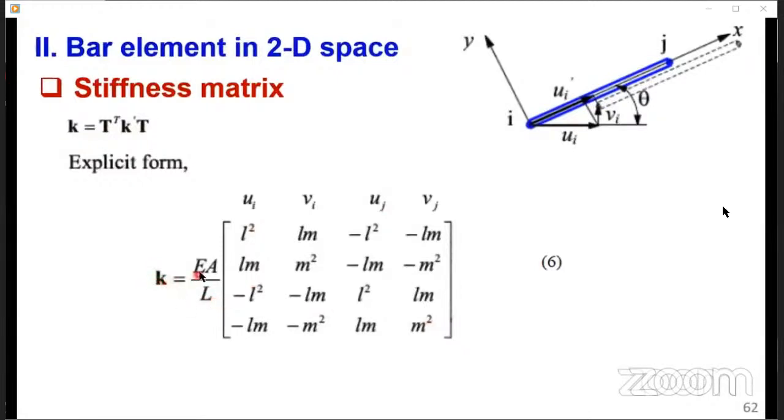K is equal to AE over L, and then all this. Looking at this, we are not called to memorize, but there are things so simple that you don't have to be given in an exam setup. You see, this thing is repeating itself. The main diagonal entries are positive, the same thing, and then the minor diagonal entries are negatives.